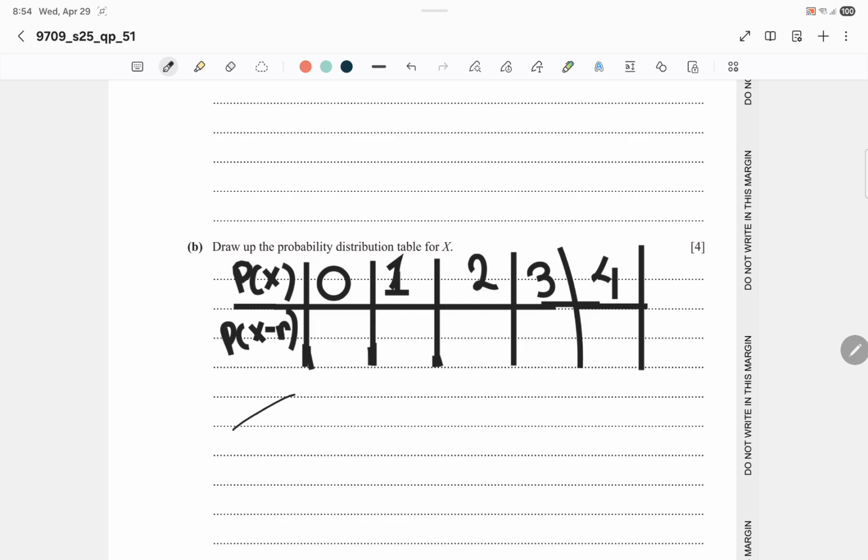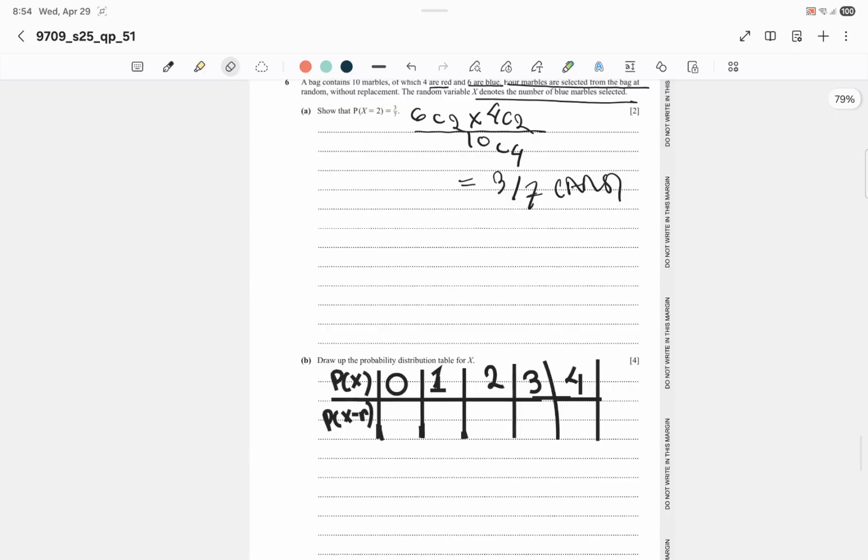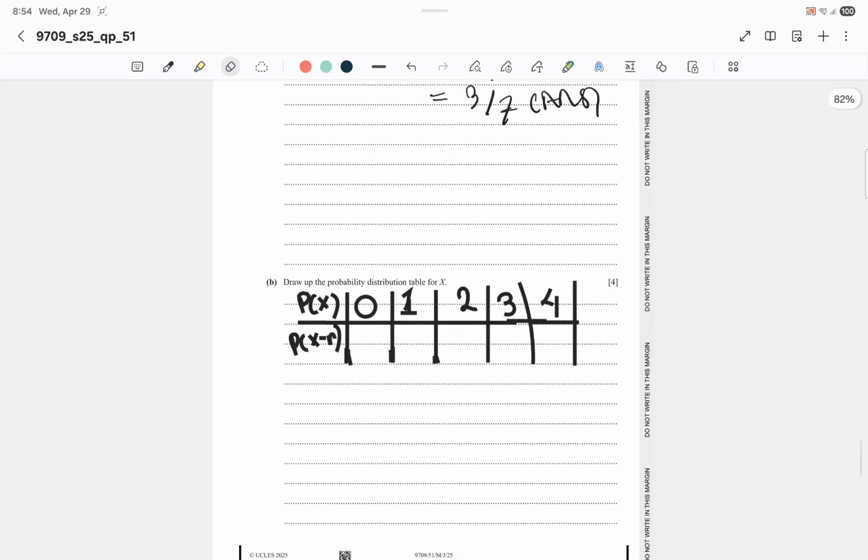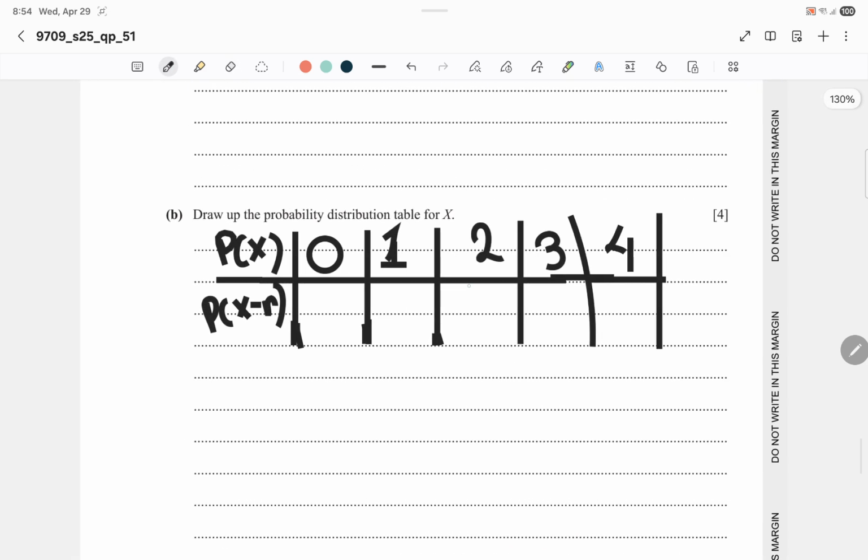So how can we actually do this? We already know the probability of 2, which we found out is 3 by 7. For 0, that means he doesn't get any blue marbles, so all 4 are red.